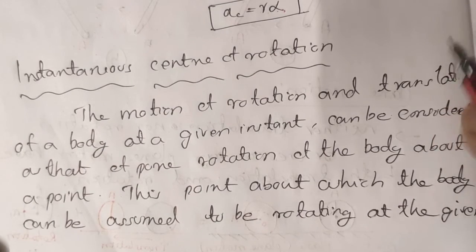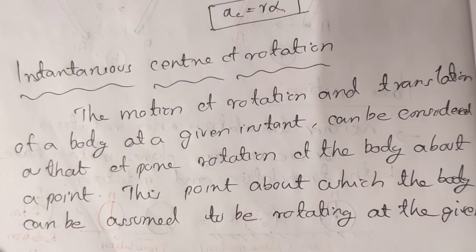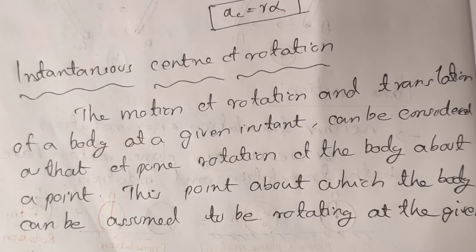Then come to the next topic, that is instantaneous center of rotation. What is the meaning of instantaneous? Instantaneous means a fraction of a second or just a second. In the case of translation for a wheel, the center is moving continuously from one point to another.